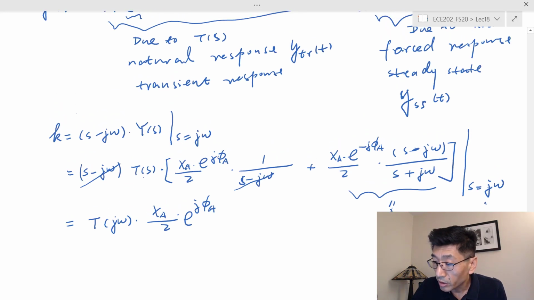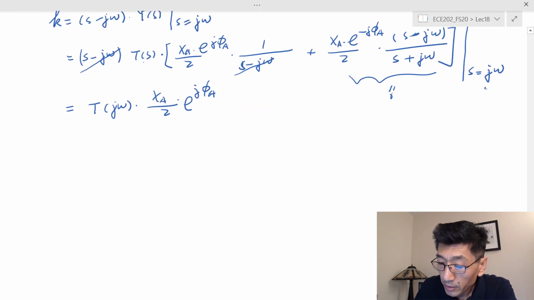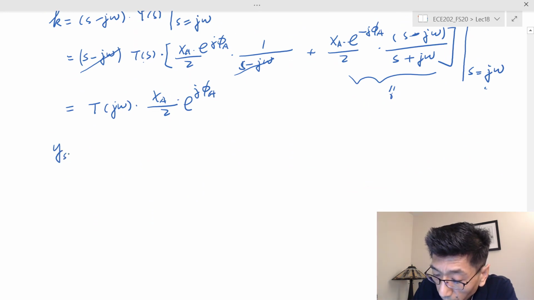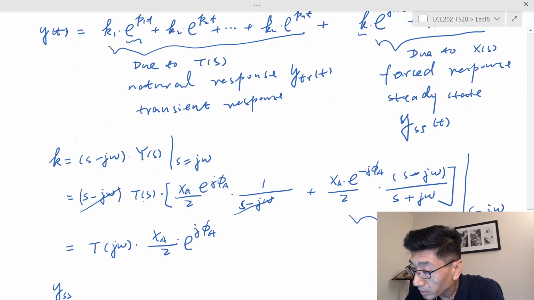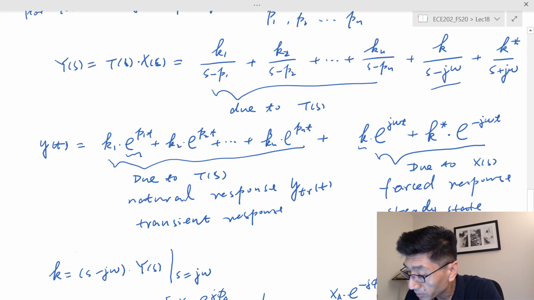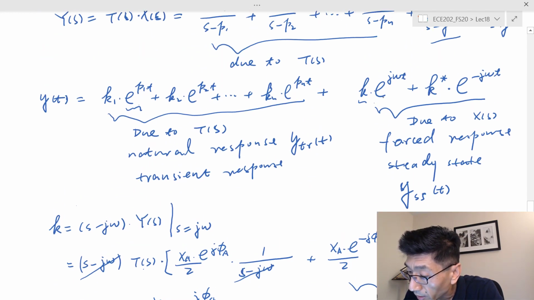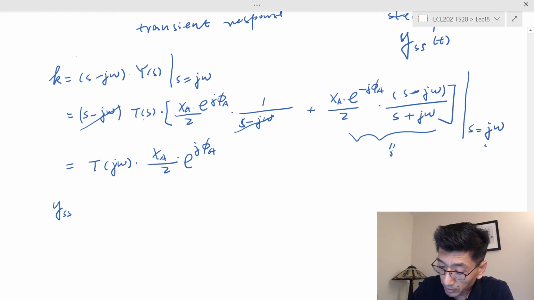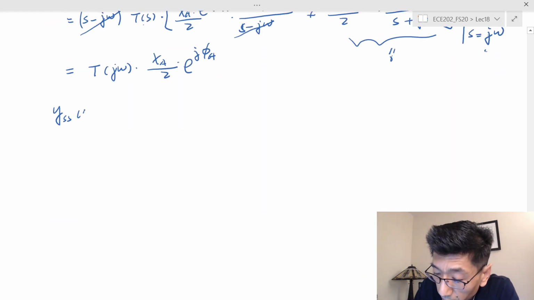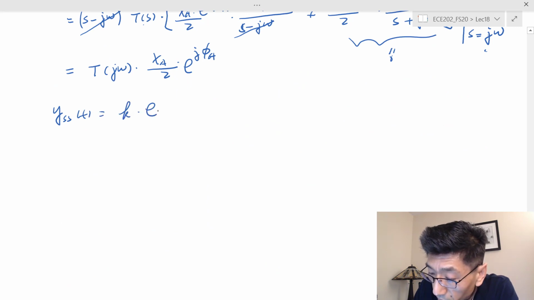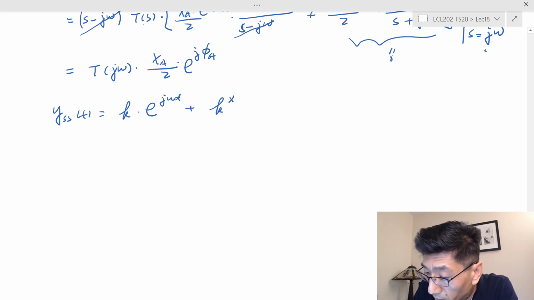And the steady state response y, we're interested in the y_ss. Recognize this term, there are two terms, right? So y_ss(t) is equal to k times e^(j omega t) plus k conjugate times e^(minus j omega t).